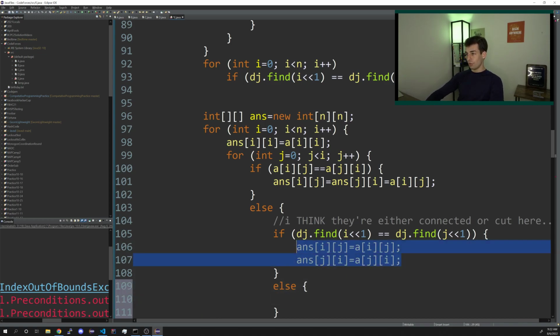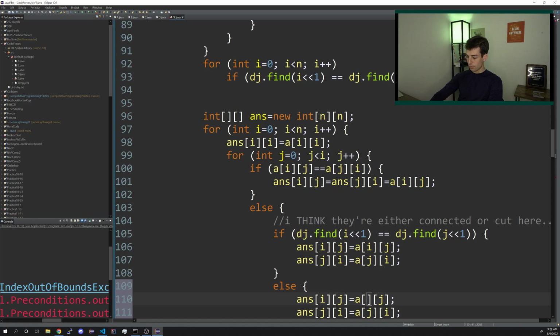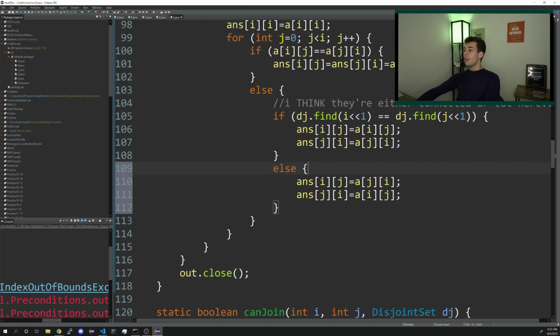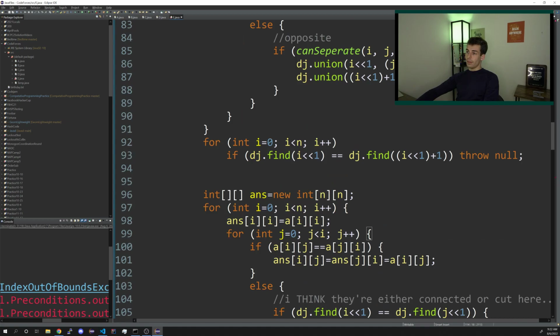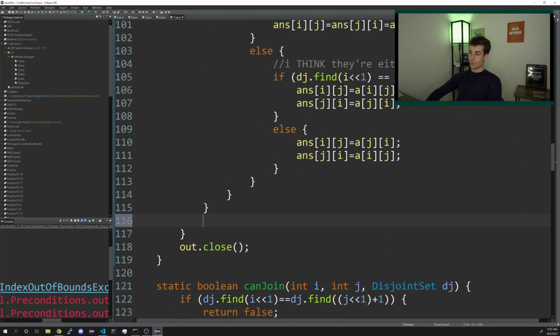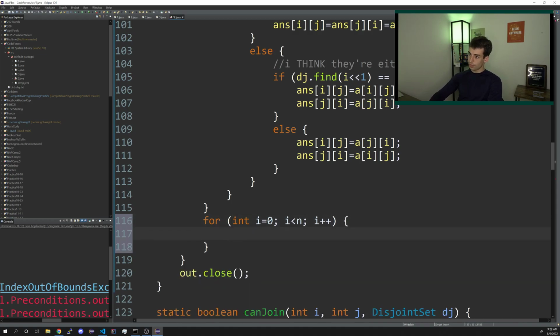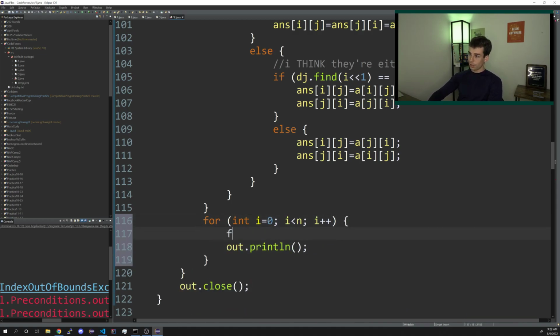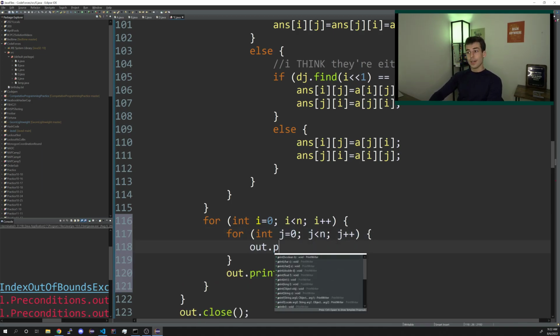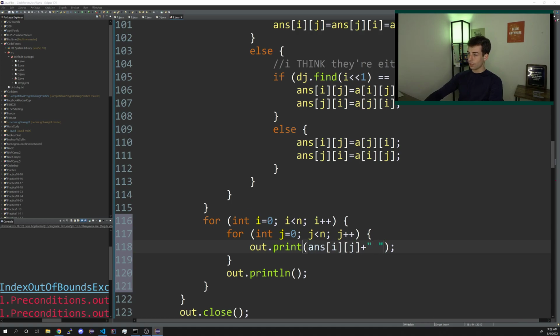Otherwise, they're reversed. Okay, and then after this, we say for int i equals 0, i less than n, i plus plus, print line, for int j equals 0, j less than n, j plus plus, print ans i j and a space.